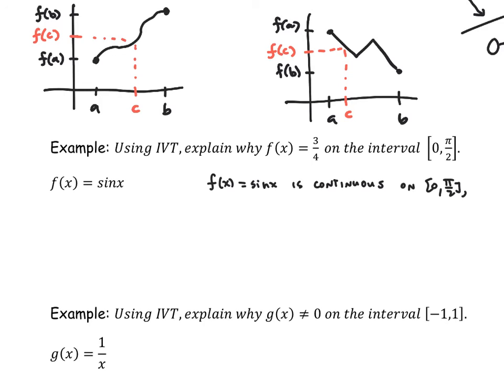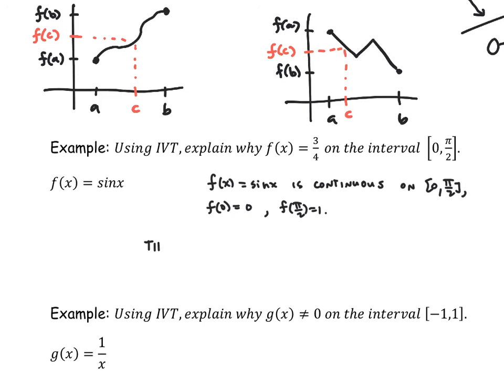Okay, the next thing you want to do is you want to find f of 0, which sine of 0 is 0, and f of pi over 2, which is equal to 1. Therefore, by the intermediate value theorem, we're guaranteed that f of x will hit every value in between.